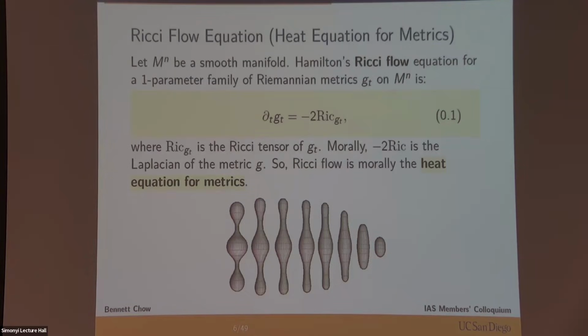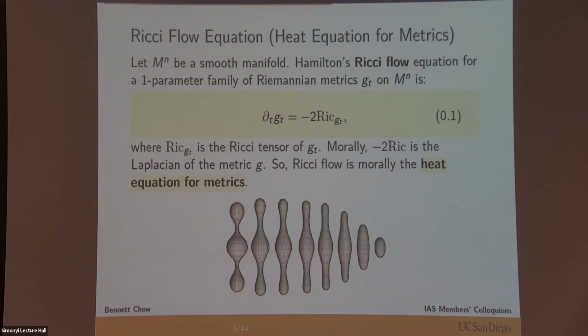Here we have a picture of an initial metric on the far left that's shaped like a double dumbbell. We start with that metric, come up with a one-parameter family of metrics satisfying this Ricci flow equation, and then something like this may happen.